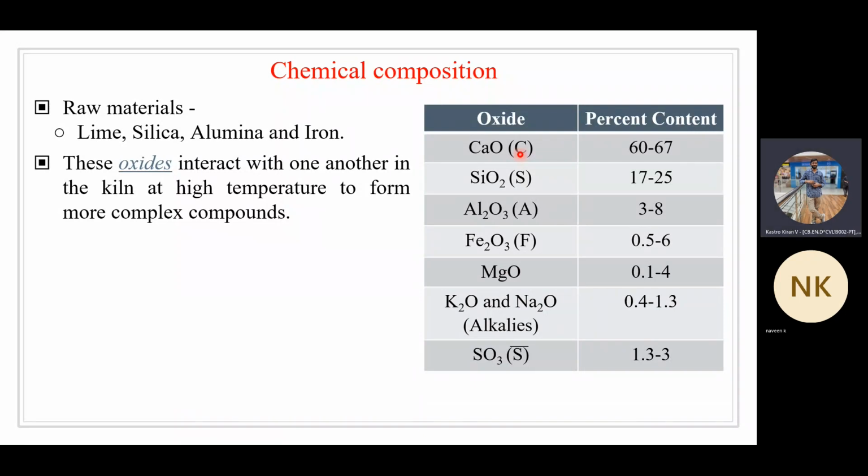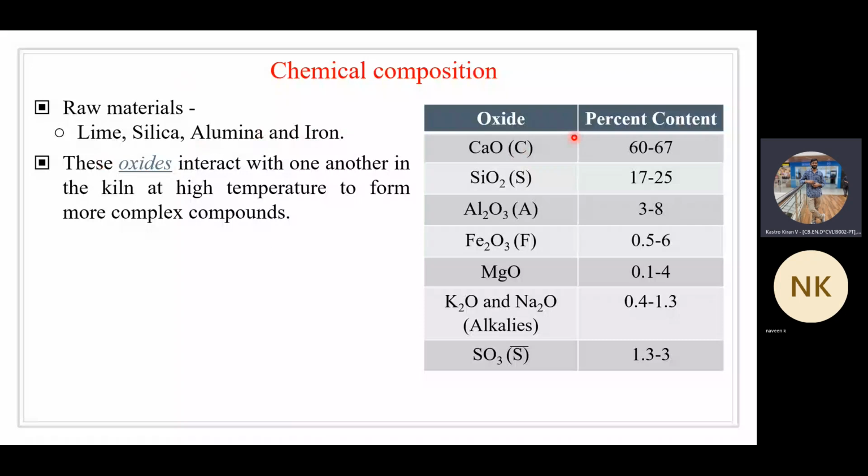Before they are sent to the rotary kiln, they are independent materials. But once they are sent into the rotary kiln, they mix with each other. That means limestone will mix with silica, silica will mix with alumina, alumina will mix with iron, and hence all the oxides will mix with each other in the rotary kiln.